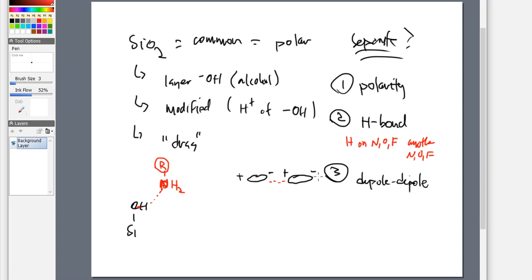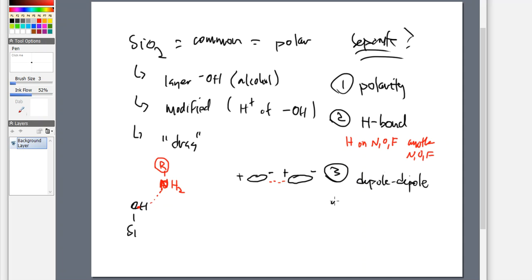So yes, polarity is part of the story, but out of the polarity come all of these other concepts like hydrogen bonding. Is hydrogen bonding there? Because that's going to increase the way that these two components interact with each other. Is dipole-dipole there? Because again, it's going to increase the way that these molecules interact with each other.